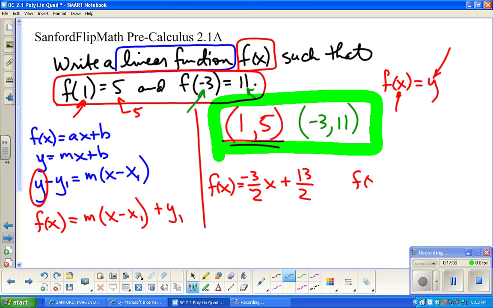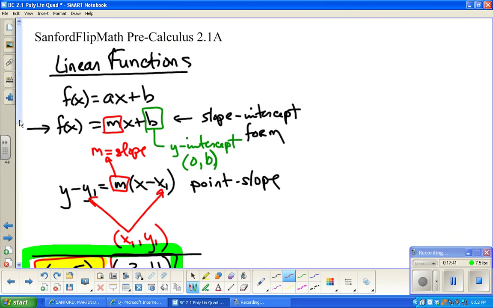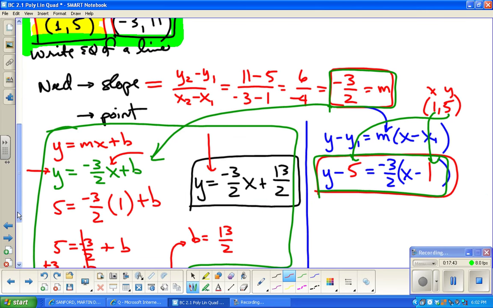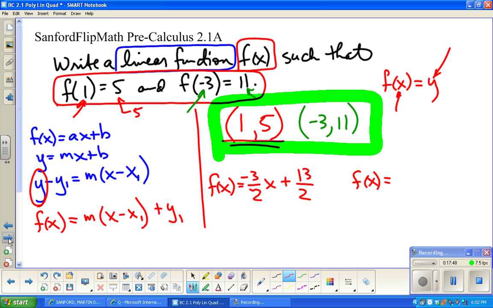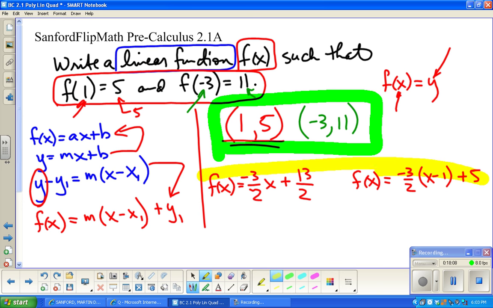Or you could write f of x equals, you guessed it, negative 3 halves times x minus 1, plus 5. All I did was take this form from the last page and write it with an f of x. So it's the same process.